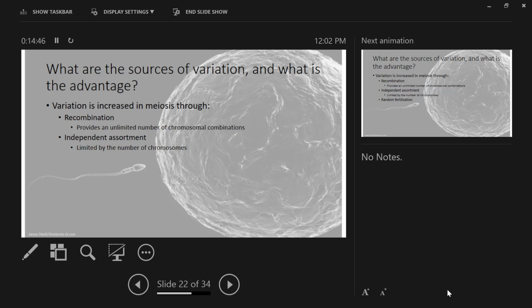So our total number of combinations, because of the independent assortment, is 2 raised to the power of the number of chromosome pairs. How many chromosome pairs do we have in our cells? 23. Which means the total number of combinations is 2 to the 23rd power, based on independent assortment. What is 2 to the 23rd power? That's a huge number. Let me see.